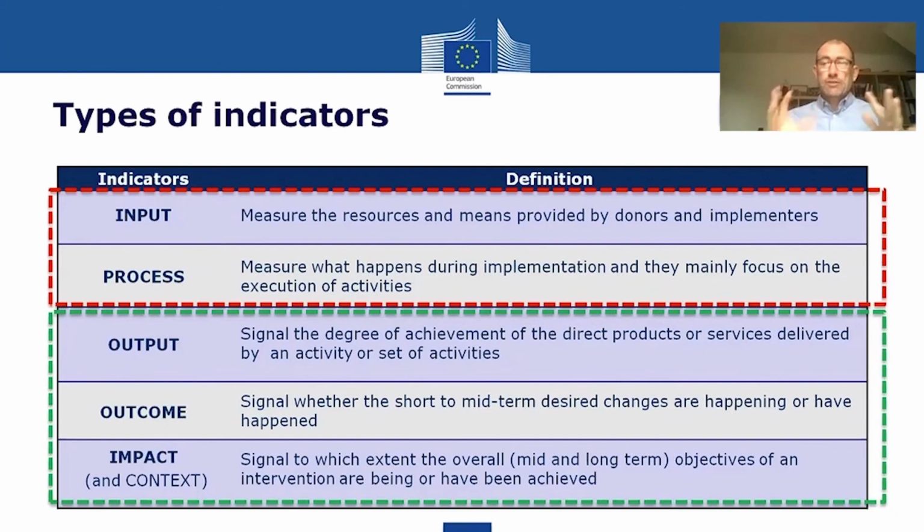When you think about the fact that outcomes are generally changes in a particular state or circumstance of our target group, that means that we have to first of all understand what the state of our target group is before our intervention started, and then the indicator should somehow track how that change is happening.